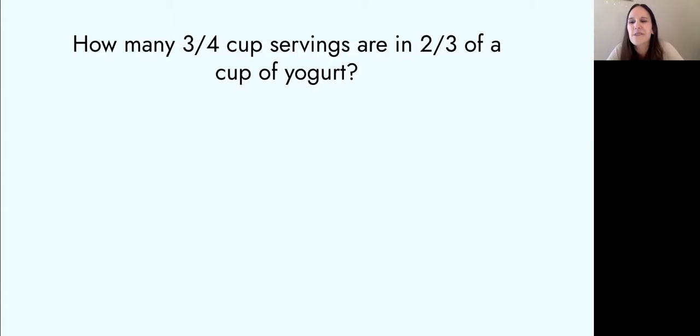Luckily, the Georgia State Math Standards, which is where I'm from, Georgia, provides a question that we can use to really understand how do we divide one fraction by another fraction. So here's the question they laid out for us. How many 3/4 cup servings are in 2/3 of a cup of yogurt?